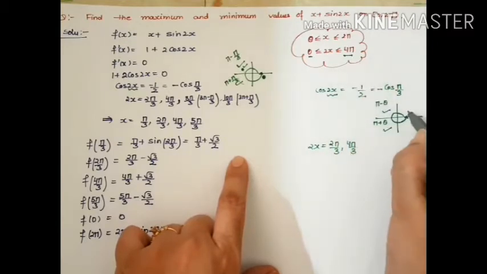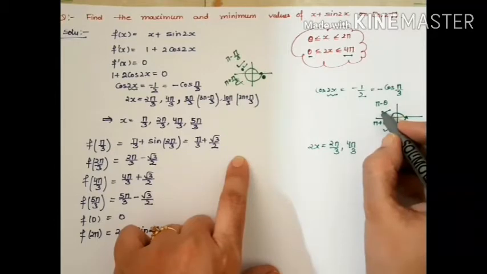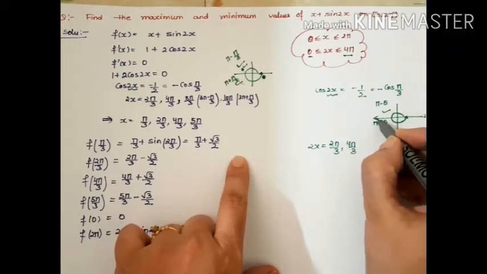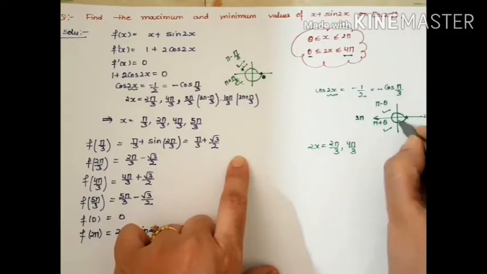That means after covering this whole rotation, I will again come back to the first quadrant and go further. This 2 pi angle I have already covered, and if I cover another 180 degrees, this will be 3 pi, and if I come back then this will be 4 pi.